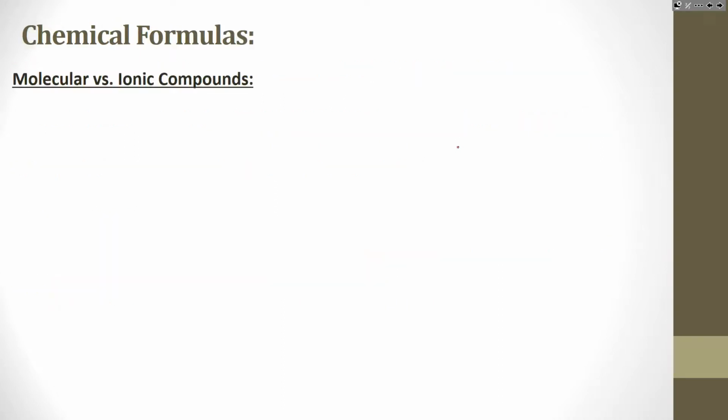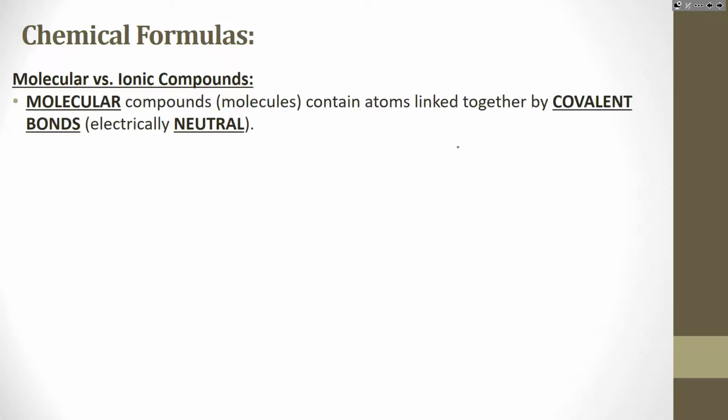So, a little bit of notation here. Understanding the words molecules and compounds. We're going to be a little bit more specific this year, because a molecule and a compound are kind of different things. Up until this point, we would say a molecule is just a group of atoms and a compound is a group of atoms, and they have to be different. These words actually mean more than just that. Molecules are usually formed by covalent bonds, and compounds are usually ionic.